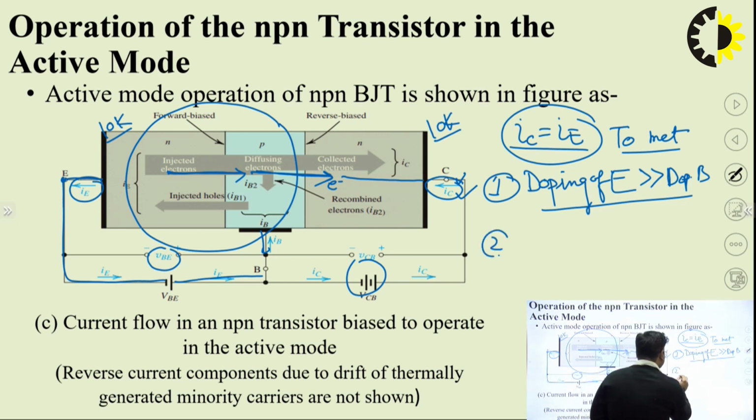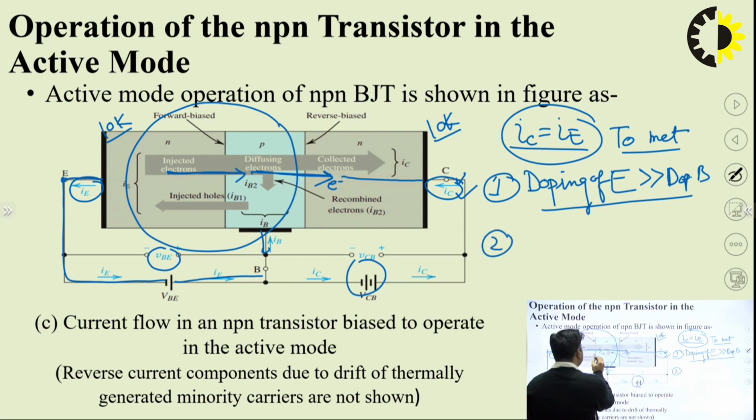Now the second thing is that we need electrons injected at the base to be collected at the collector terminal. So if the width of the base is WB, then any electron injected from the emitter has to cover this distance WB.